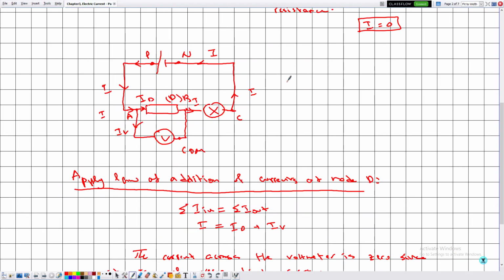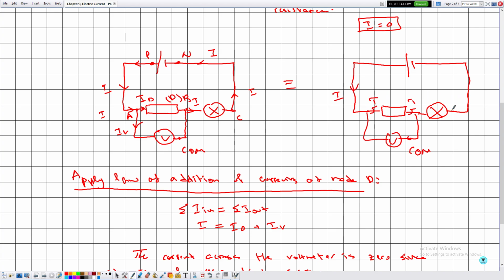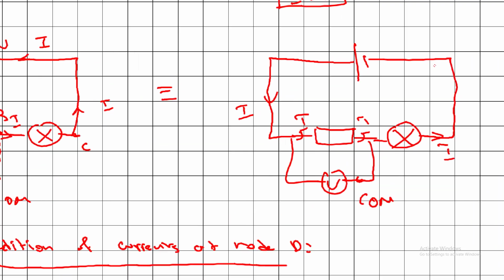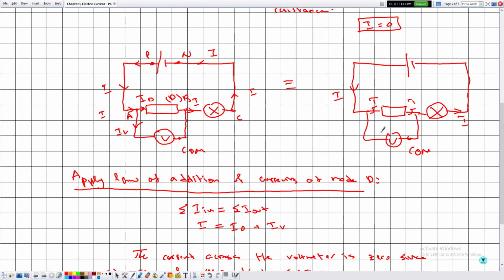So this is exactly as if we are saying that this is the battery, this is the electric component D, this is the lamp, and the lamp is connected back to the negative pole. This is the voltmeter, and this is the COM terminal. So this is the electric current I, and the connection of the voltmeter to the electric circuit doesn't affect the electric current in any way.